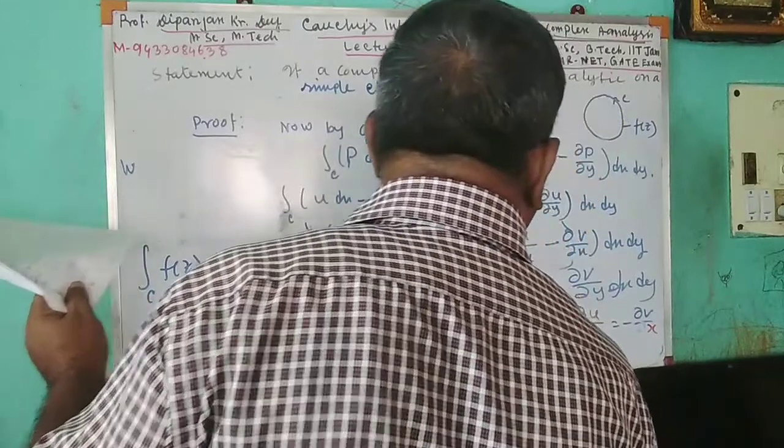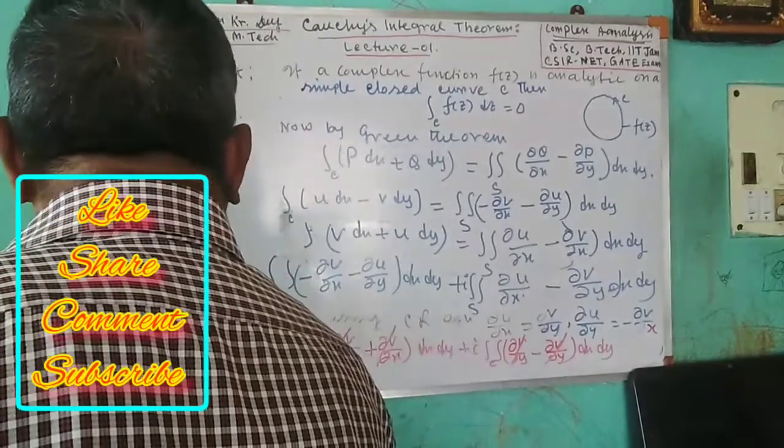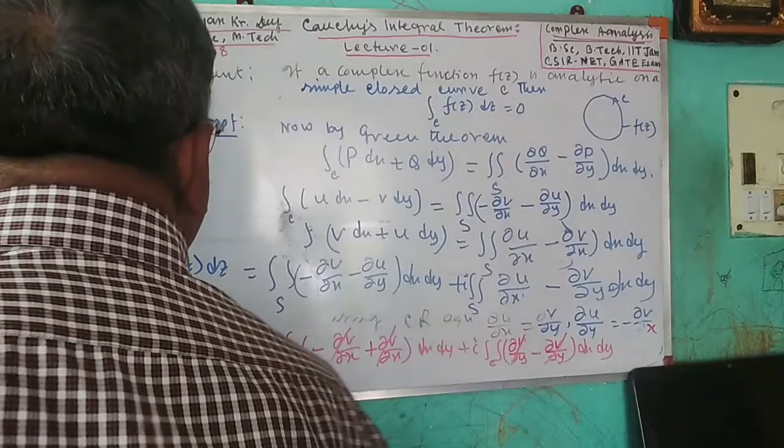So this and this get cancelled, this and this get cancelled, so this equals 0, that is the integration over C of f(z) dz is equal to 0.